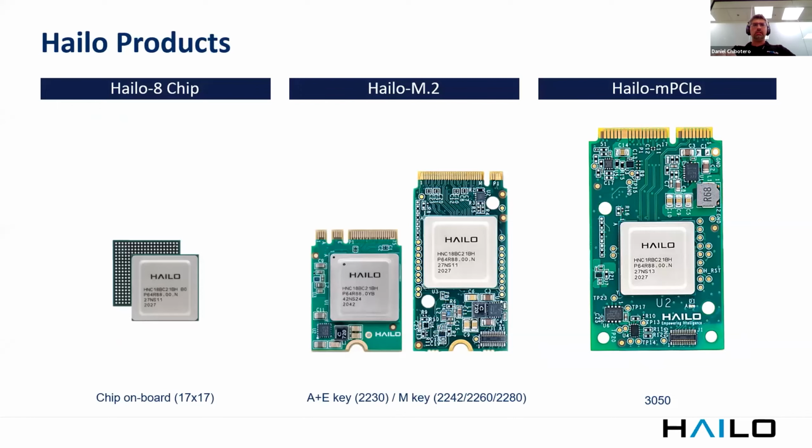So our current product offerings are the Hailo 8 chip, which can be deployed on boards, but we also offer M.2 models, the M key and the very size efficient 22 by 30 A plus E key. And we also have a mini PCIe module.